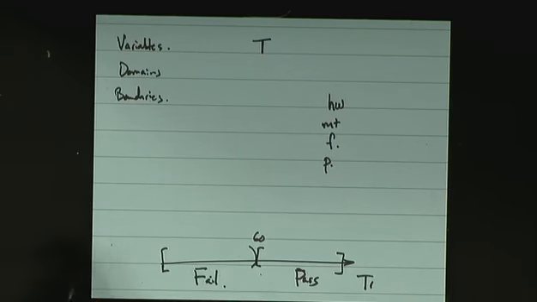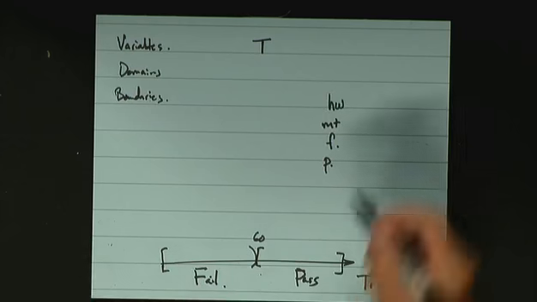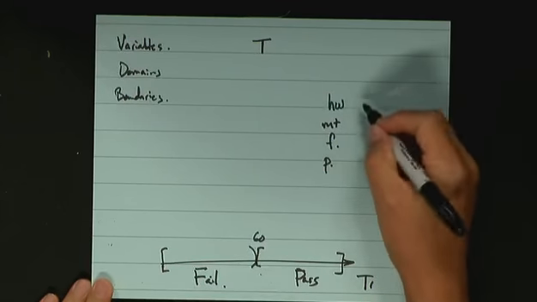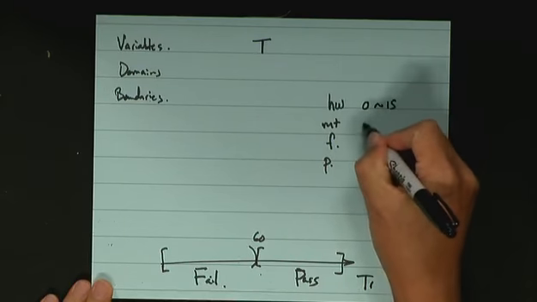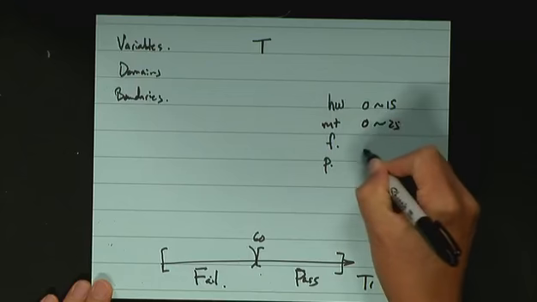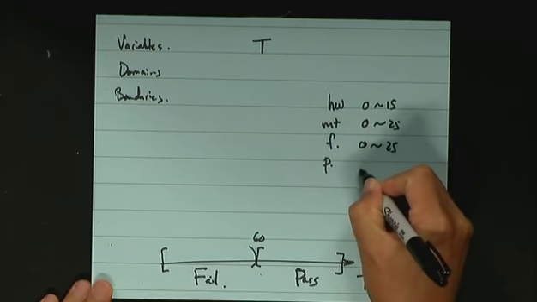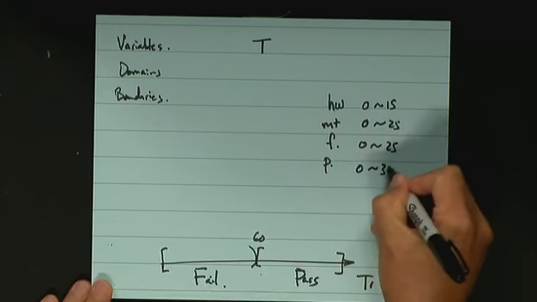My way to simplify things is that I have these variables with ranges from 0 to 15, 0 to 25, 0 to 25, and 0 to 35.